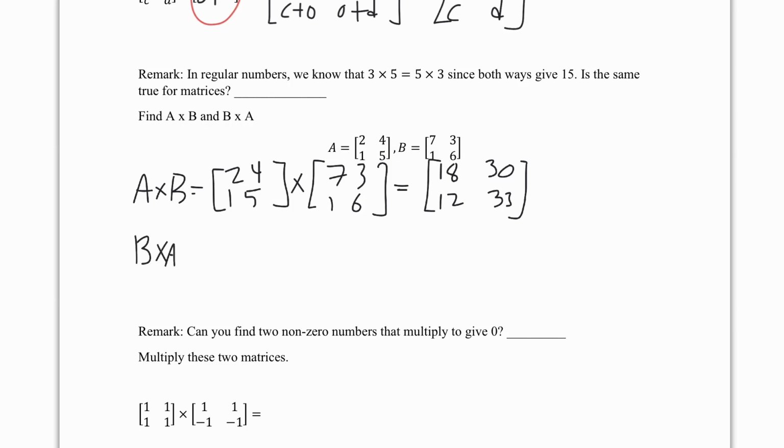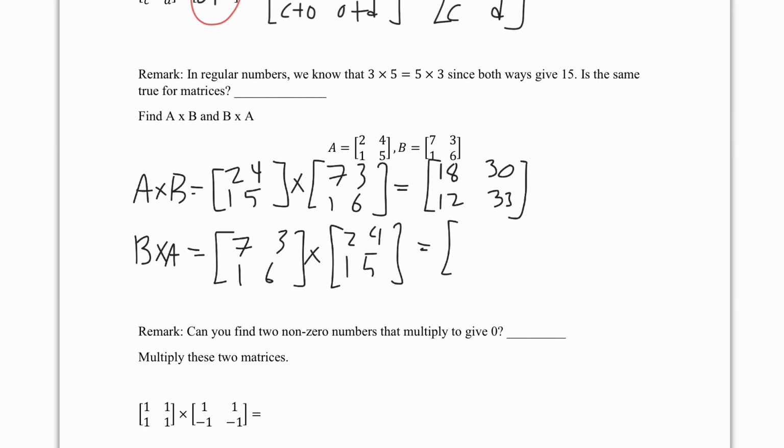What does B times A give? Well, [7, 3; 1, 6] times [2, 4; 1, 5]. 7 times 2 will be 14, plus 3 will be 17.